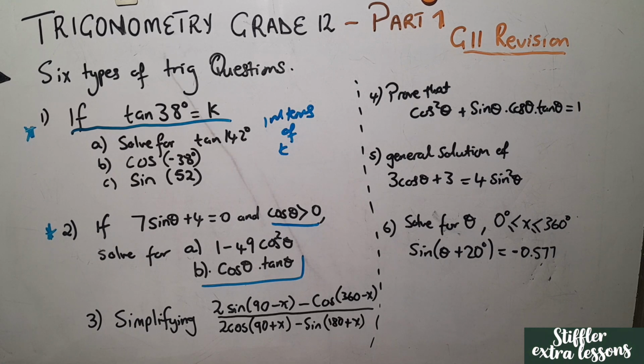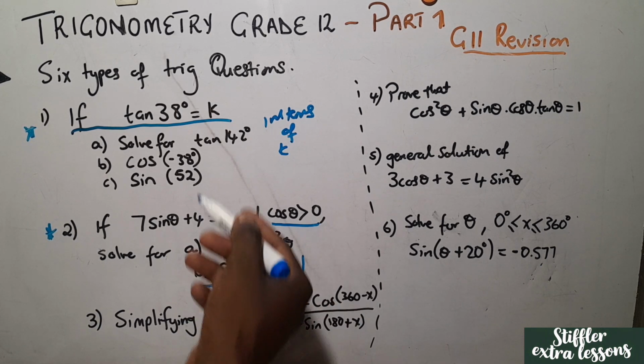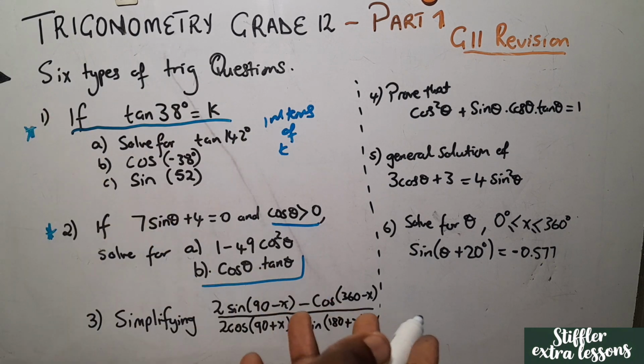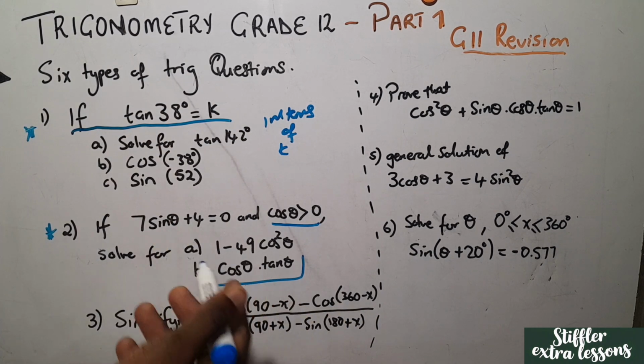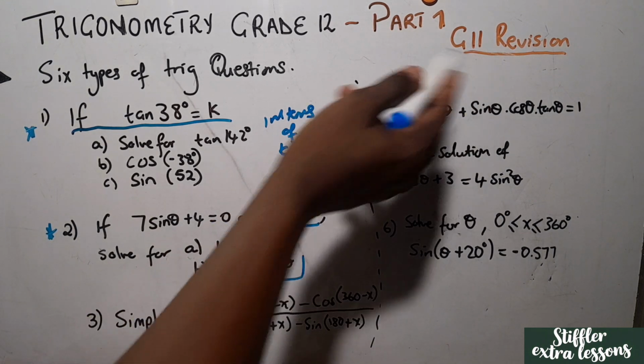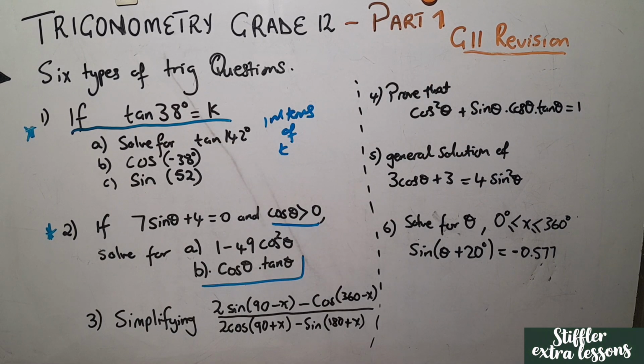Let's move to the next 2. Here they said simplify. We are just simplifying, and I'm sure you recognize that this is how your question paper comes. Grade 11, grade 12, it is still like this. The first question, the second question: simplifying, proving. You have to prove the identity.